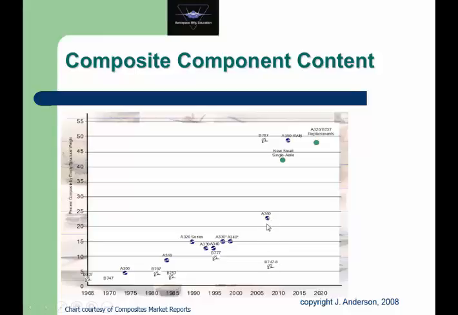Around the same time, we see the A380 start to have a fair amount of composite parts, approaching 25%. And its competitor, the Boeing 787, is up around 50%. So this is the current state of the art for commercial airplanes.